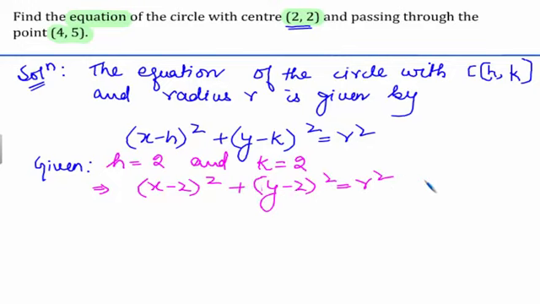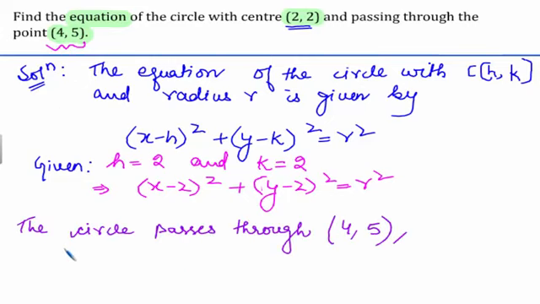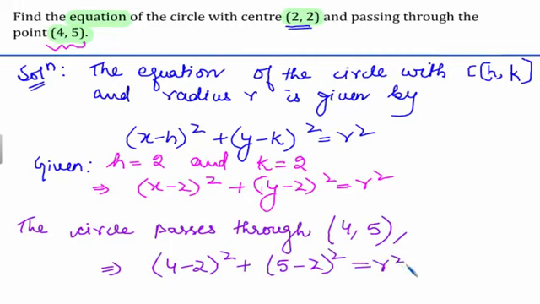Now, as we are also given that the circle is passing through the point (4, 5), this implies that (4 minus 2) whole square plus (5 minus 2) whole square is equal to r square.